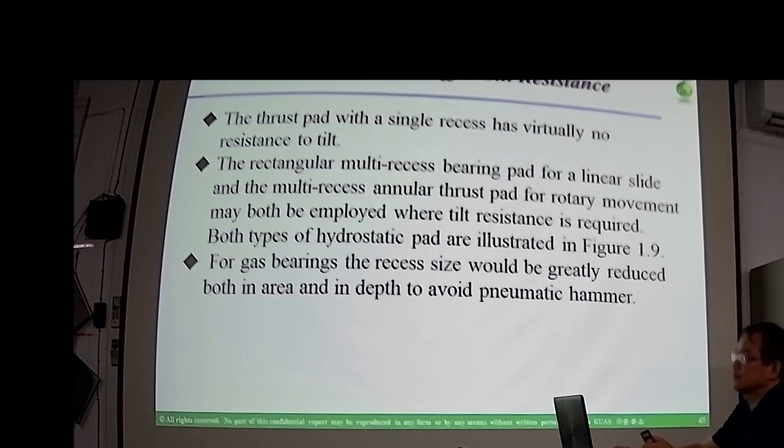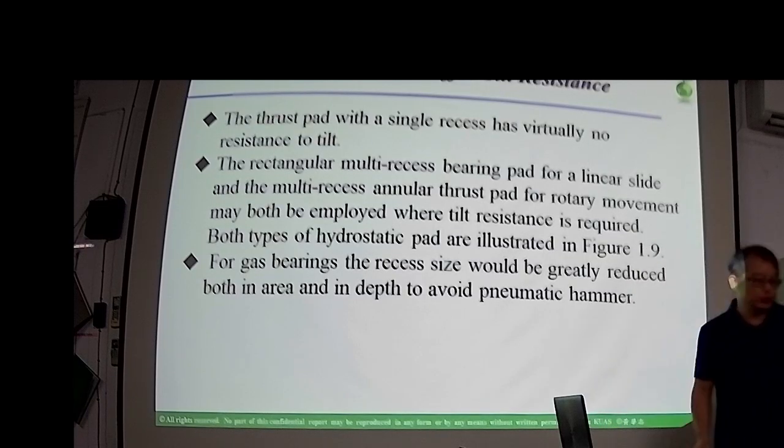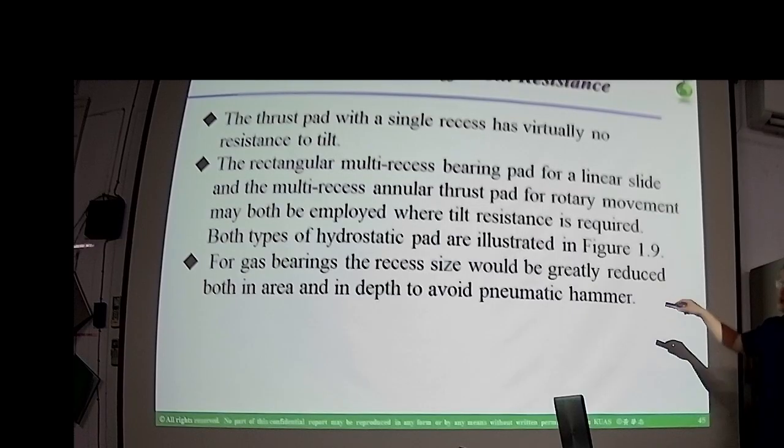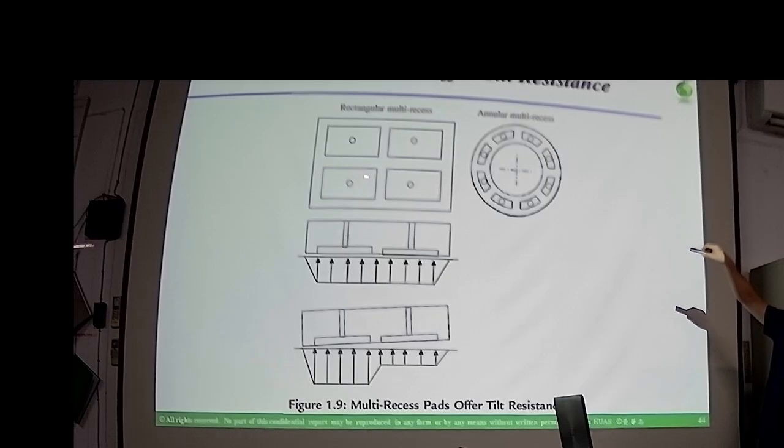So there's the rule of thumb. In the direction of the movement, usually you should have at least two recesses in the moving direction. Okay. So if the slide table is moving in this direction, at least you have two recesses in the moving direction.